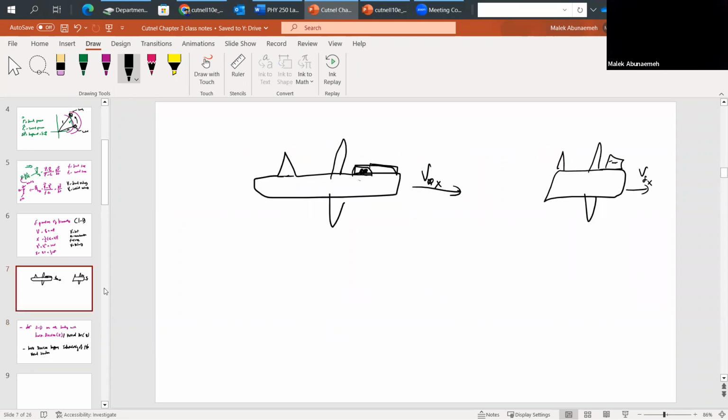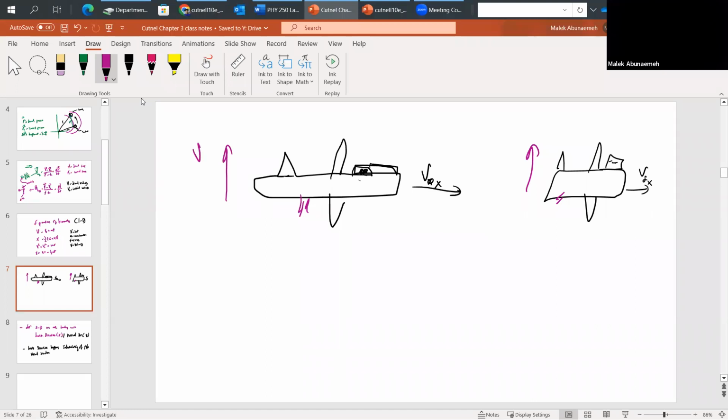So going back to our plane example, we got a plane. This plane has the ability to go sideways, and let's say it has some jets only on the bottom that give it the ability to take a velocity in the y direction.